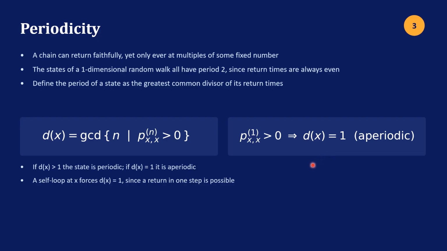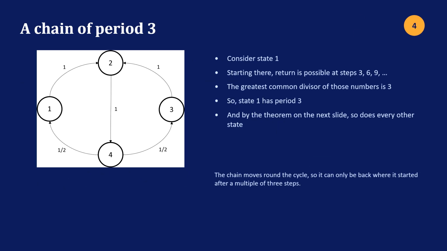Okay, so let's look at some examples. I have an example here, and I call it a chain of period 3, but I'll explain that in a second. Let's look at state 1 first, and see if we can figure out the greatest common divisor of the different return times. So we could go 1 to 2, 2 to 4, and back. So that's 3 steps this way. And of course, it can keep doing that.